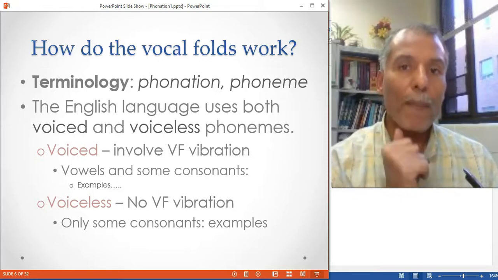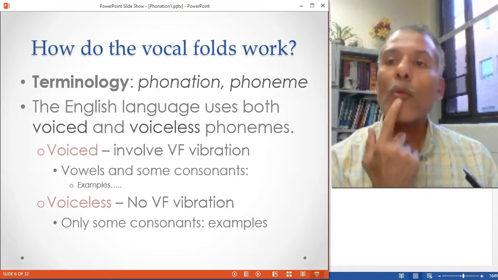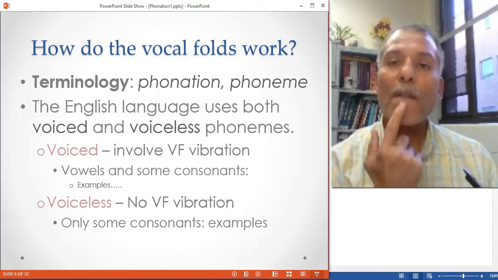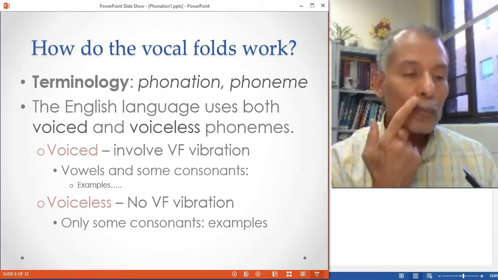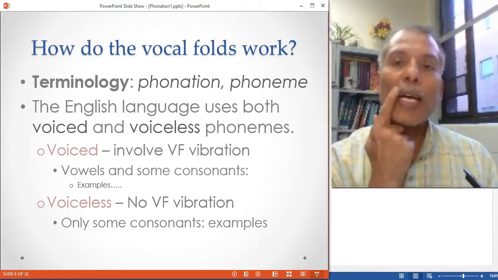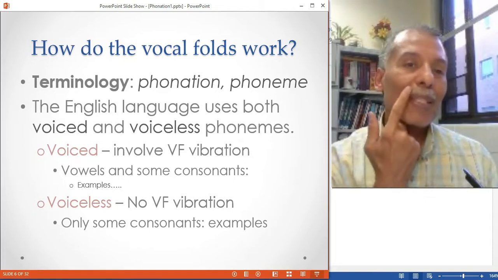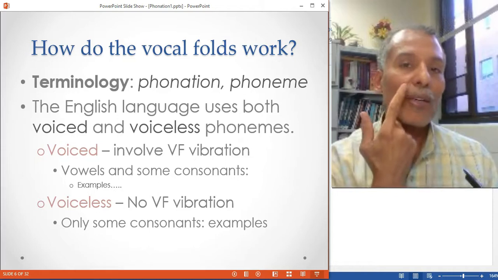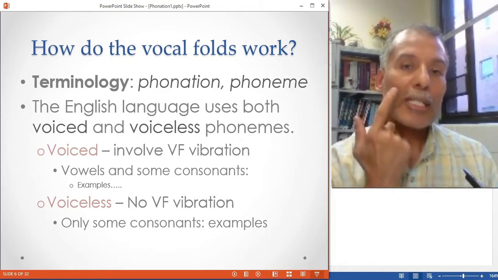Voiceless thumb, theta. And then you go into f, as in fun. That means it's a voiceless sound. And then you go more to the back. You say s, and then a little bit behind this you get sh, and then you go back and you say k. All of these are voiceless sounds.